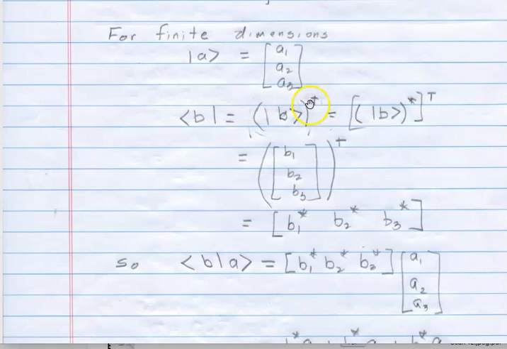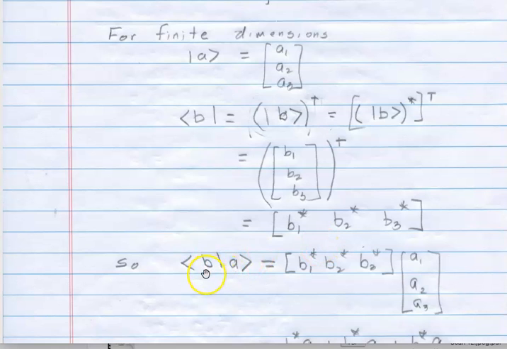The way I usually do the Hermitian conjugate, this dagger operator, is I first take the complex conjugate of all of the components, and then I transpose the whole matrix. So I would complex conjugate B1, B2, B3, and then transpose it. And a transpose of a column matrix is nothing more than a row vector. So I have a column vector and a row vector.